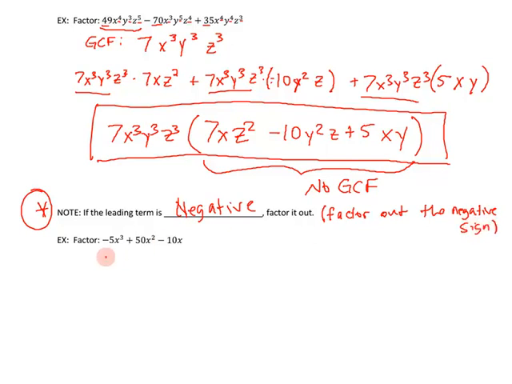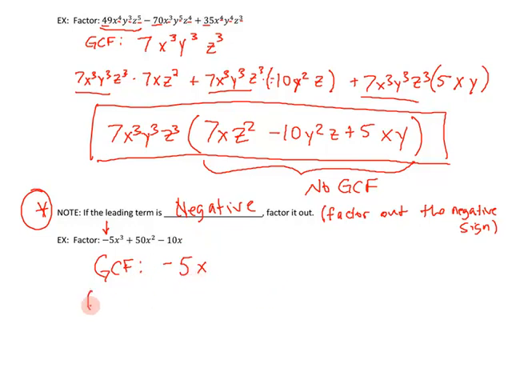So in this case, whenever I say find the GCF, I will look and say, what do 5, 50, and 10 have in common? The largest number that goes into all three of those is 5, but because the leading term is negative, I'm going to put a negative in my GCF. Now what's the power of x that's the smallest? We have a 3, a 2, and a 1, so to the first power. There is my GCF, negative 5x.